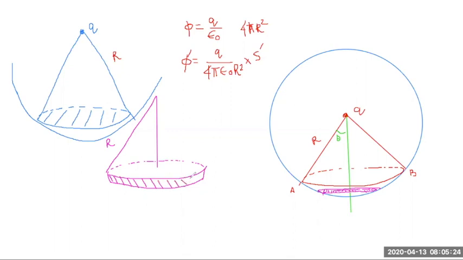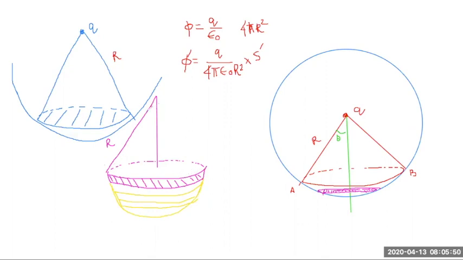We will have different such elemental areas, like I am drawing another. See, this is another elemental area, and there is another one, and all these elemental areas will gradually complete the lune.